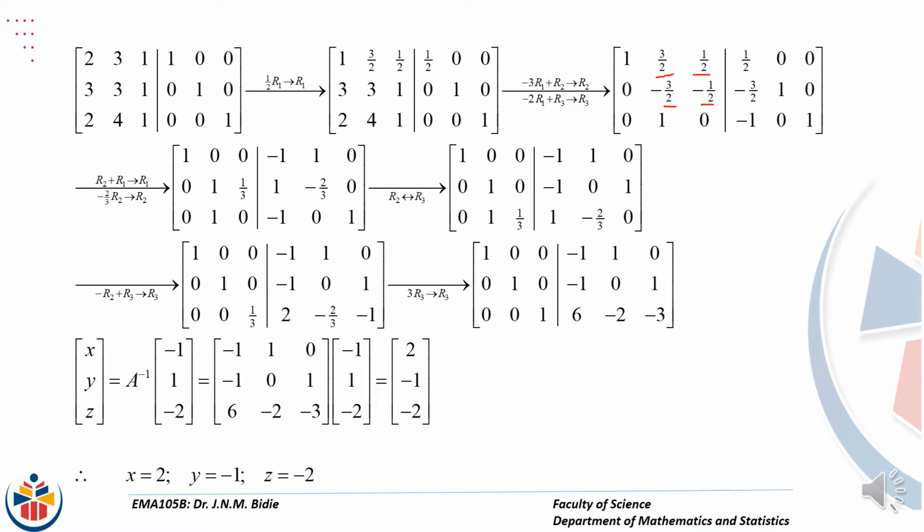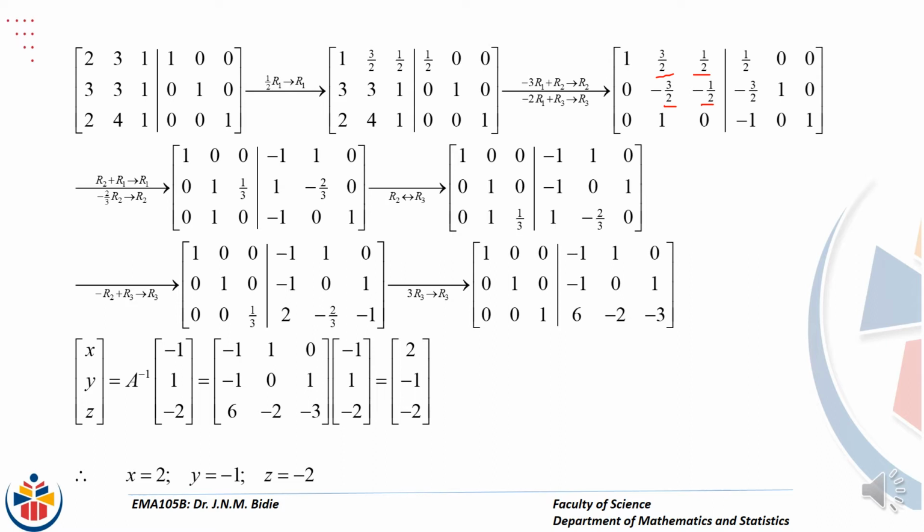and thereafter make sure that the first non-zero entry in row 2 is 1, requiring that we multiply the second row by -2/3, producing that row. Then we notice that also below the 1 in the second column, we need a 0.